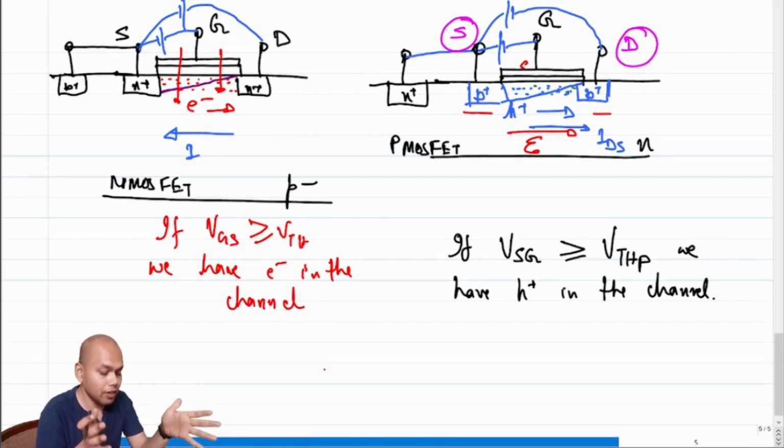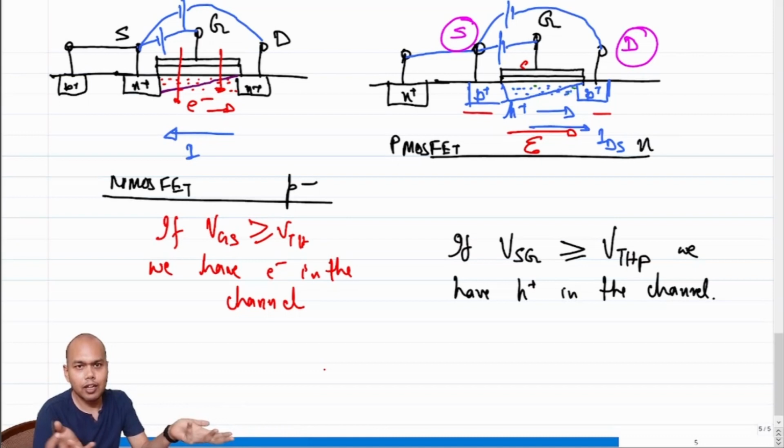If the gate voltage is not sufficiently lower than the channel voltage, you are not going to have inversion. The transistor will be in the cutoff region, right?